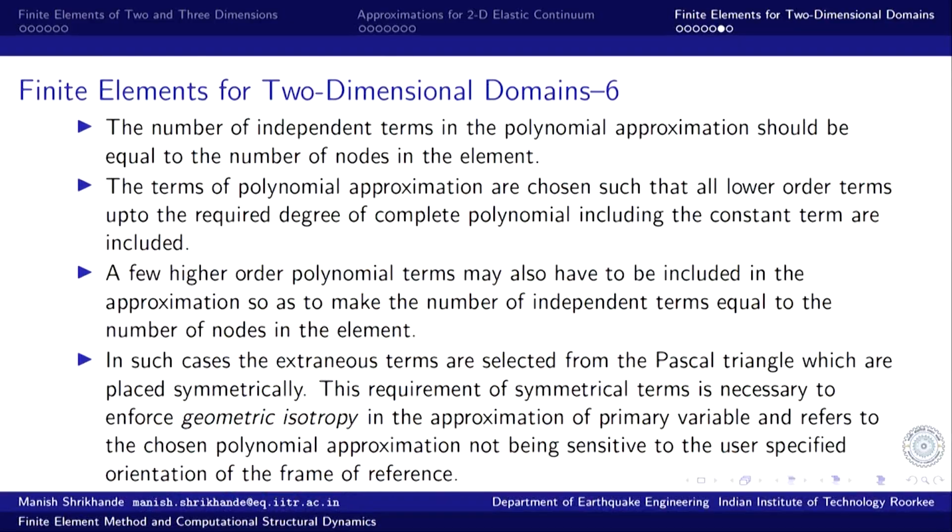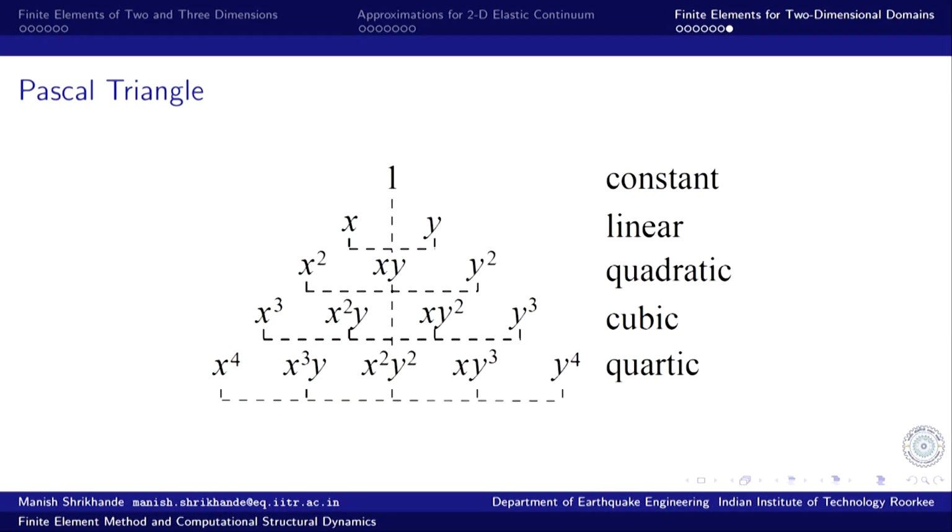So, what does the Pascal triangle look like, which can help us address this concern? This is a simple Pascal triangle geometry that you can see, and you can as well keep on expanding, right. I stopped at the fourth degree polynomial because that is all I could fit in this space, but that is sufficient to explain the concept.